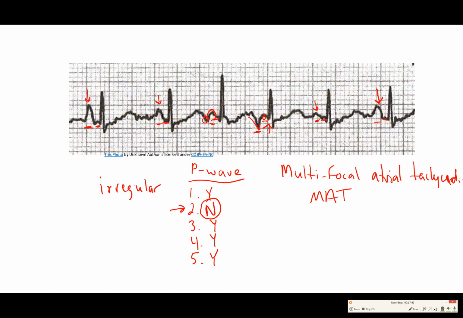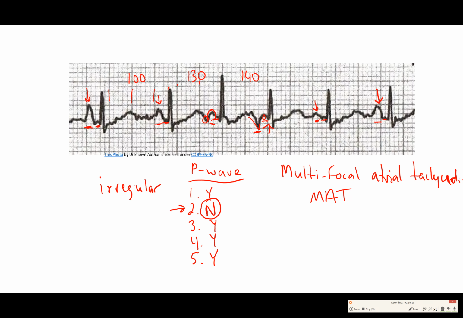We probably don't have enough rhythm strips here to see if this is truly tachycardic, but this is 300, 150, 100. So there's about 100 here. It's about, let's see, 300, 150, about 130 here, about 140 here. So it is tachycardic, and if you counted it for 10 seconds, you'd be able to get the overall heart rate, but you can see that it's running fast.